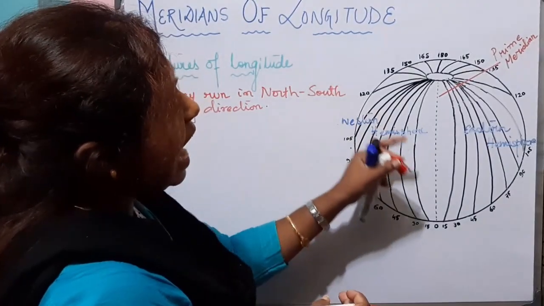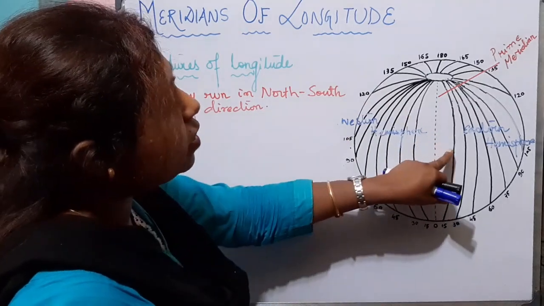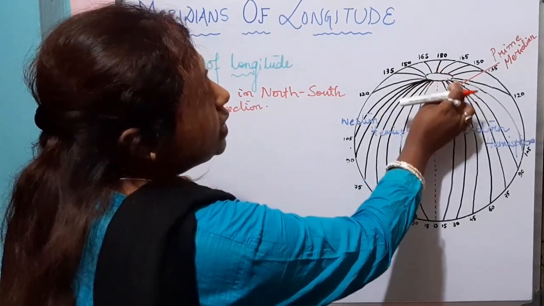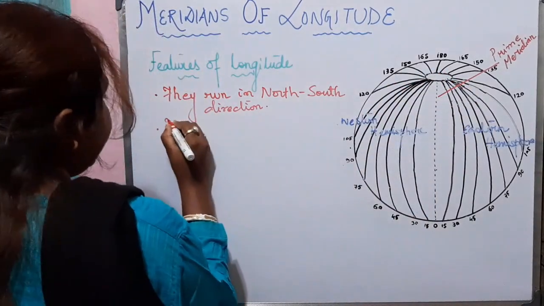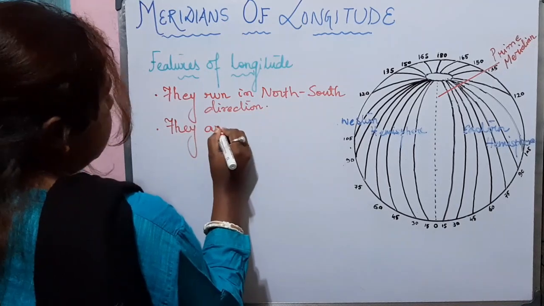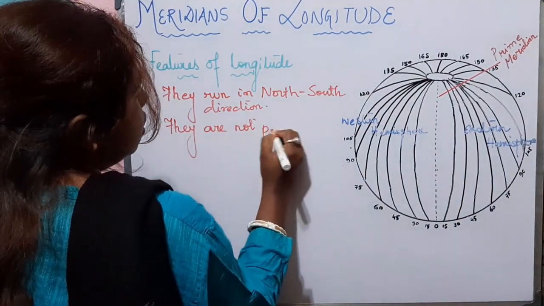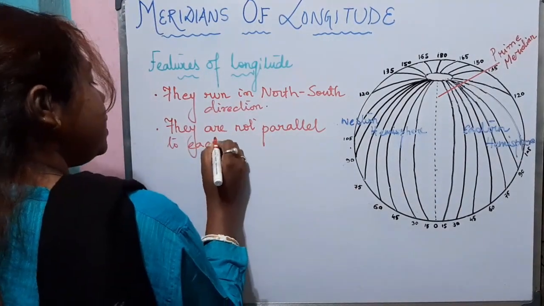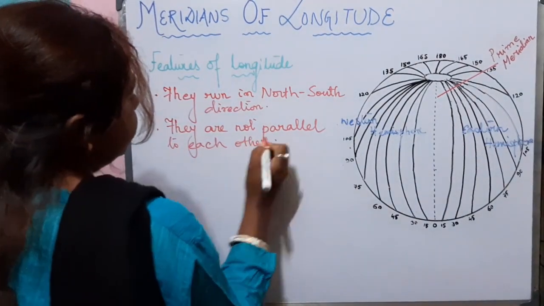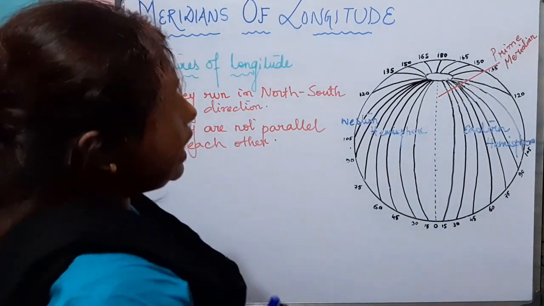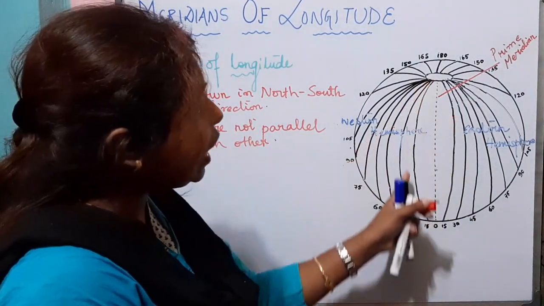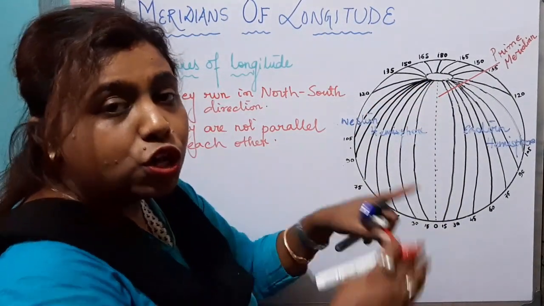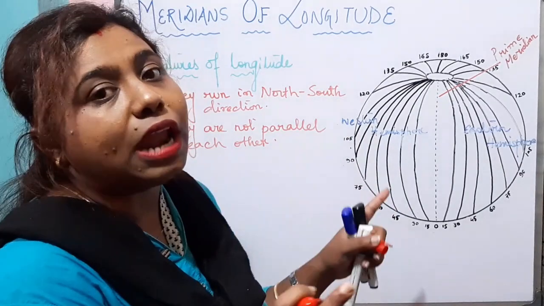Now we will see that the longitudes are not parallel to each other. Rather, they are coming together to a point at the poles. So we can say that they are not parallel to each other. We can also see that longitudes are equal in length because they are drawn from one pole to another. So the length of the longitudes all are equal.